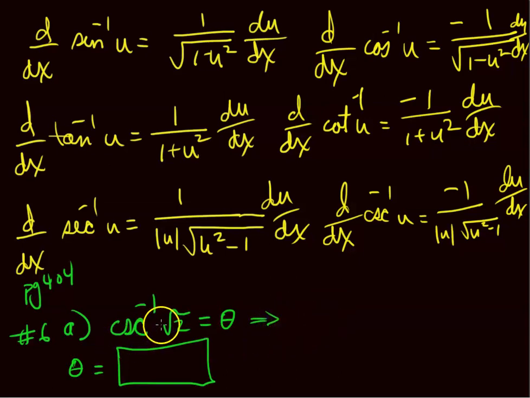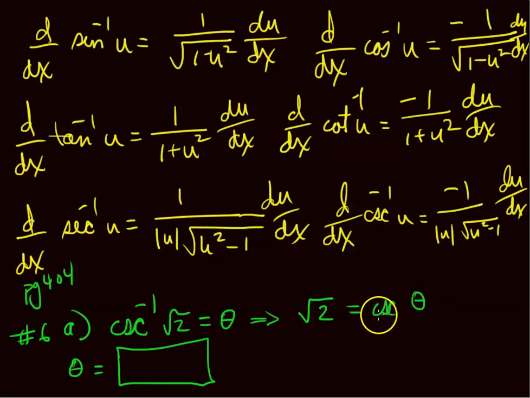Well, let's see. The way I usually solve these is I know if I've got the inverse, I can move that to the other side, leave the square root of 2, and I get the cosecant of theta.